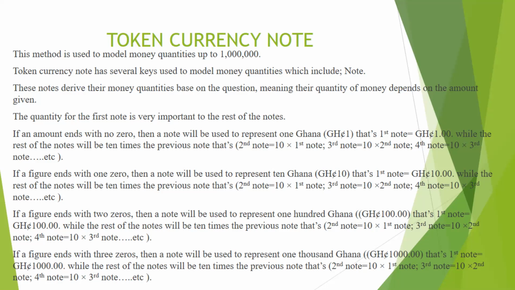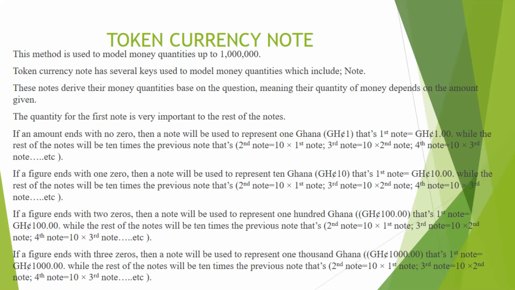So if the first note is 1 Ghana cedi, the next note will be 10 times 1 Ghana cedi, and that will be 10 Ghana cedis. The third note will be 10 times the second note. The second note is 10 cedis, so the third note will be 10 times 10 cedis. That will be 100 Ghana cedis, in that order.